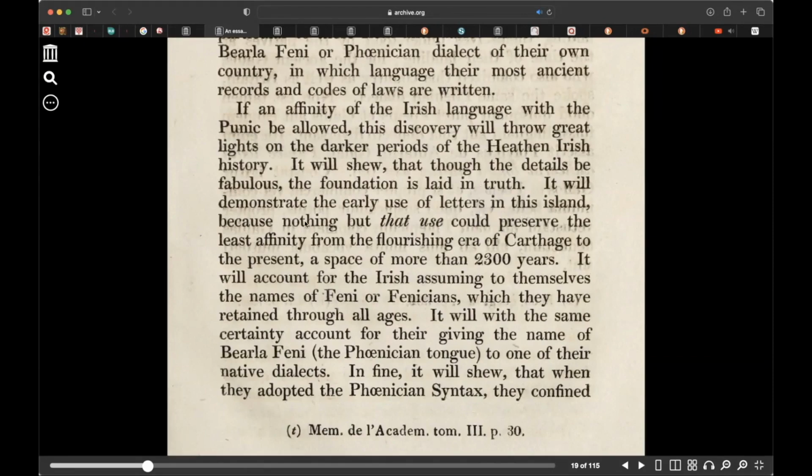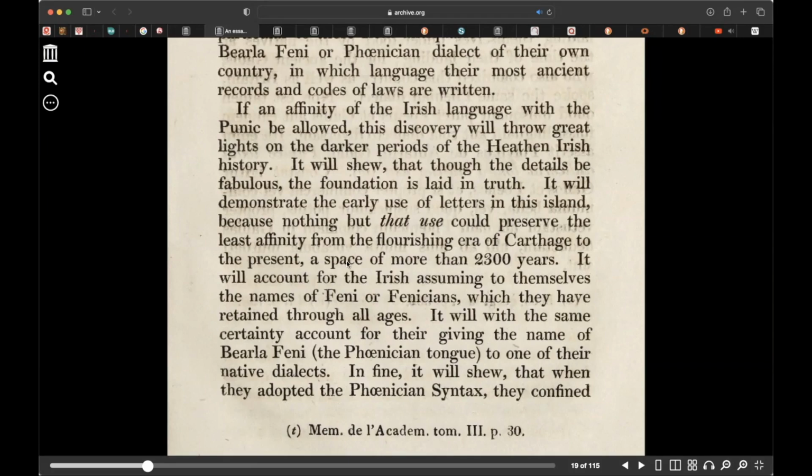It will demonstrate the early use of letters in this island, because nothing but that use could preserve the least affinity from the flourishing era of Carthage to the present, a space of more than 2,300 years. It will account for the Irish assuming to themselves the names of Feni or Phoenicians, which they have retained through all ages.